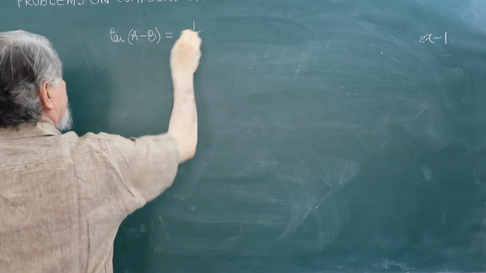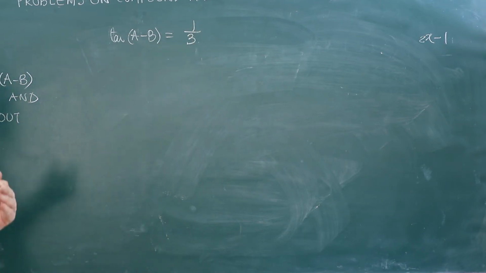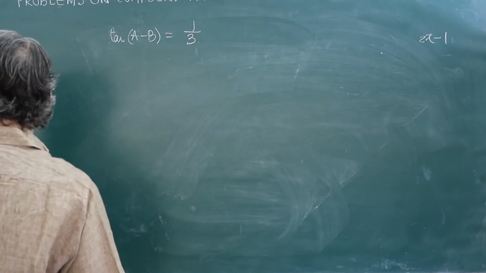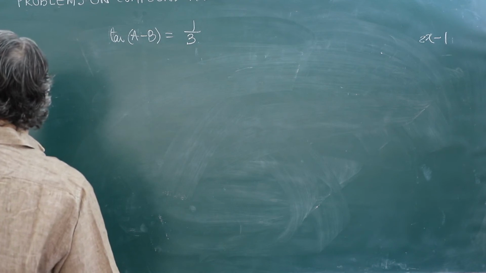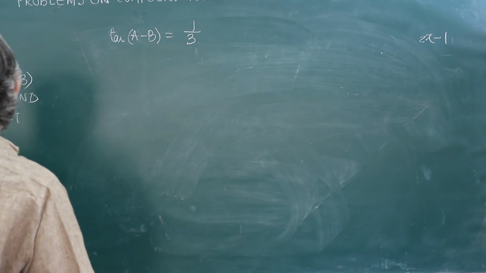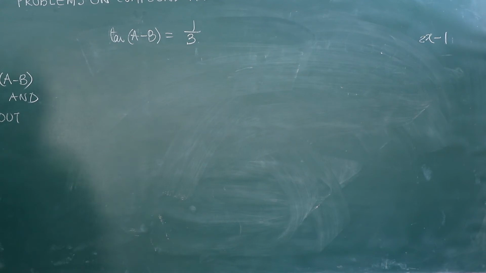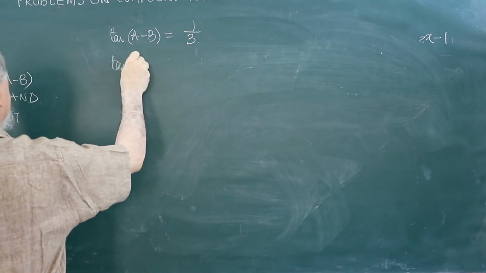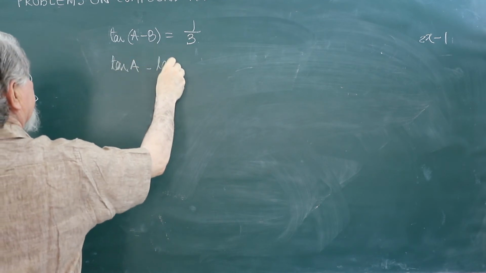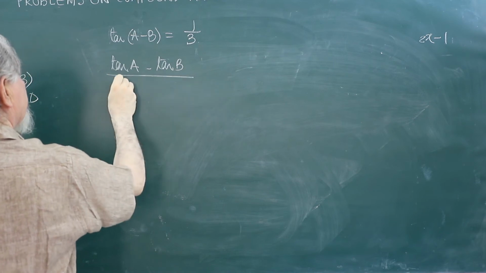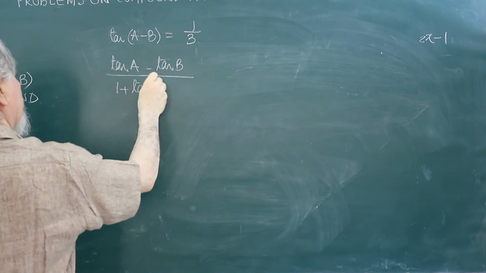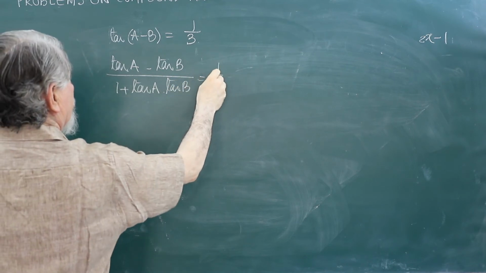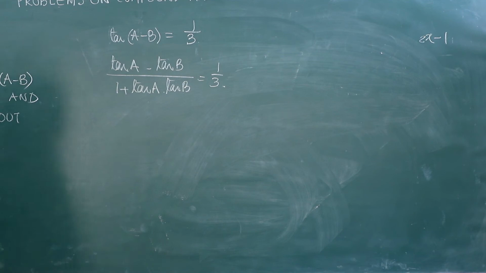He has given you, in the third part of the question, tan(A minus B) as 1 upon 3 and he wants to find out the value of A if A is an acute angle. So (tan A minus tan B) upon (1 plus tan A tan B) will be equal to 1 upon 3.